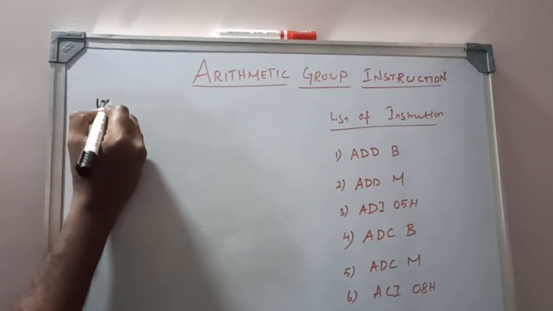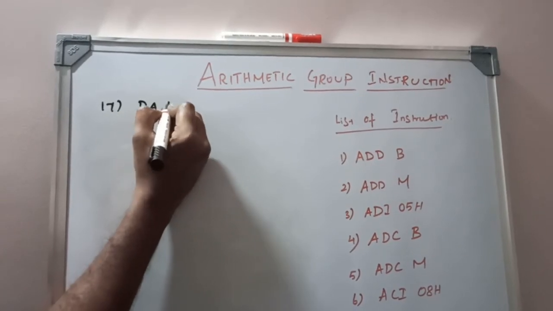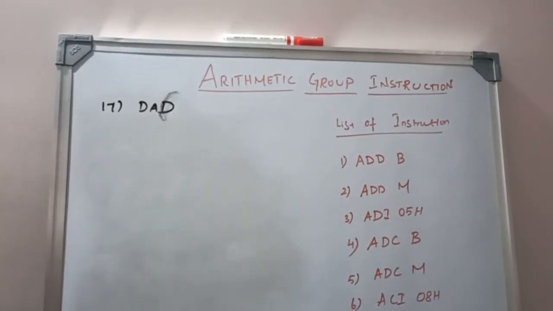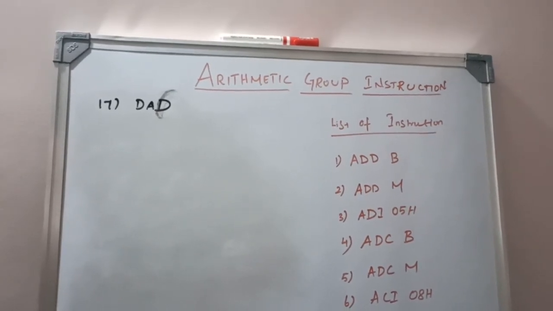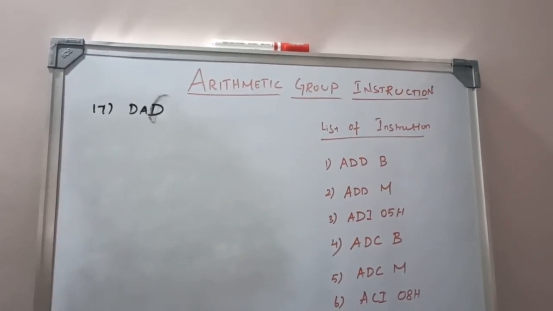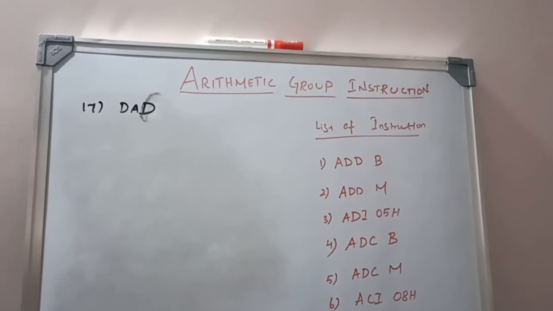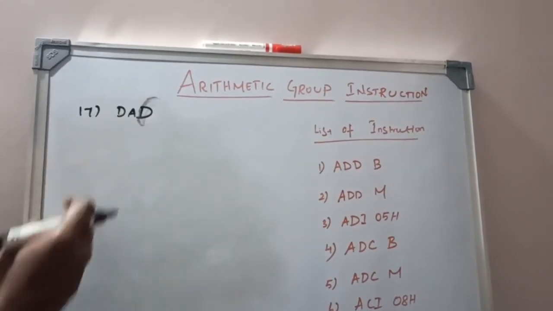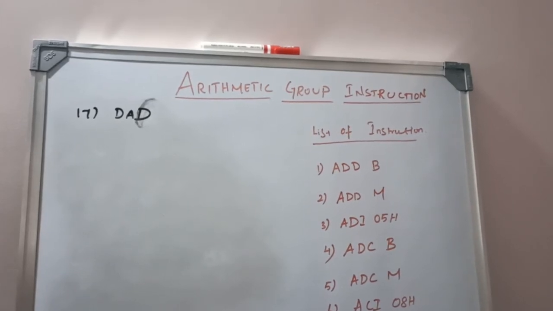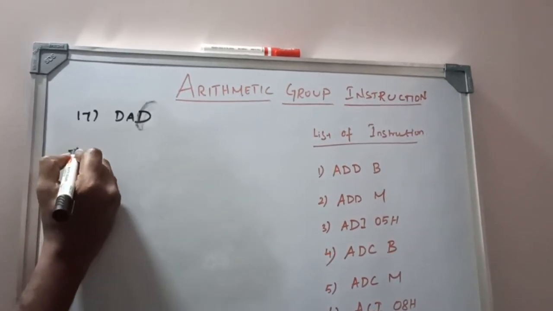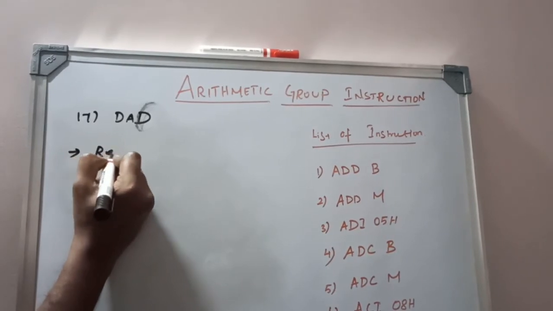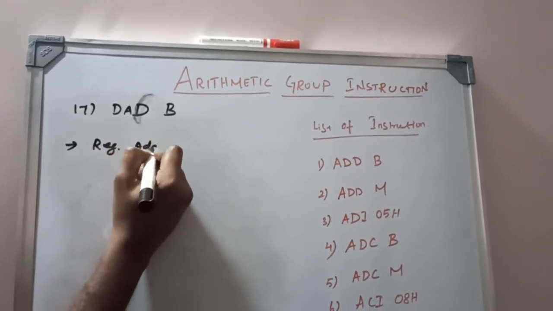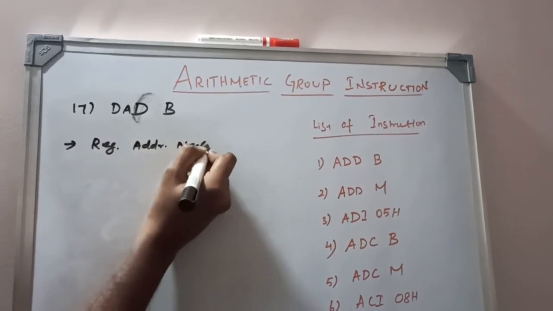Next one, DAD. DAD stands for double addition. In this microprocessor, we can perform the 8-bit addition function and also the 16-bit addition function. If you want to perform the 16-bit addition function, you can use the DAD instruction, double addition. The type of addressing mode: register addressing mode.